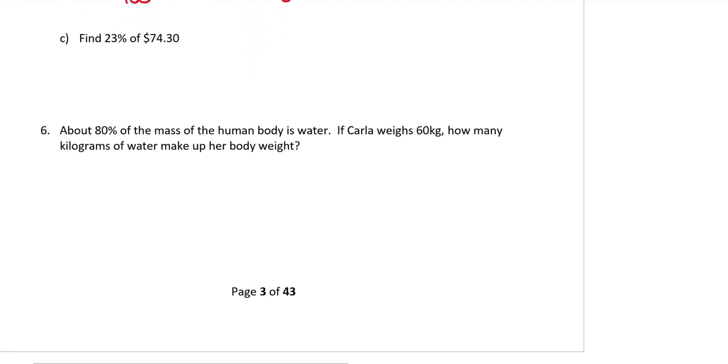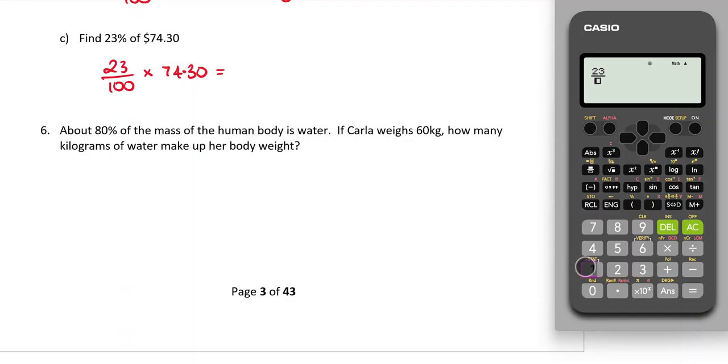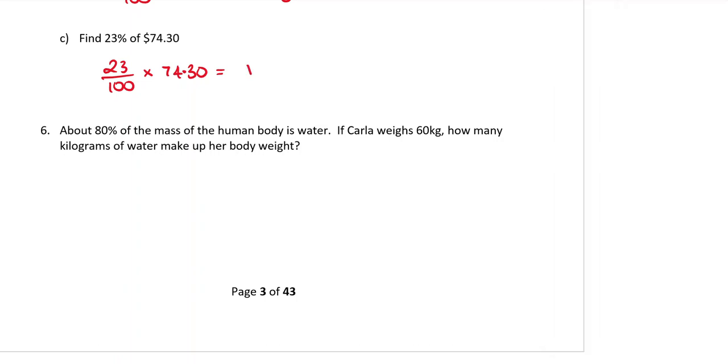Part C, 23%, which means 23 over 100 of $74.30. Type it in. 23 over 100 times by $74.30 is 17.089. Now, if this is money, we typically round to 2 decimal places. So that would be 17.09 dollars.